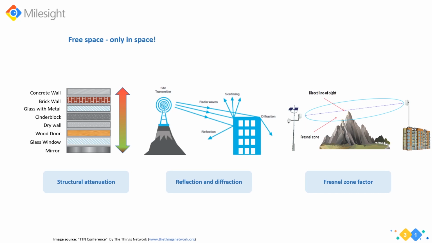So you must have a lot of straight line of sight paths around your devices to ensure the communication quality. So your range is limited. Your range is shortened by all of those kinds of factors: the reflection, diffraction, Fresnel zone, and structure attenuation.